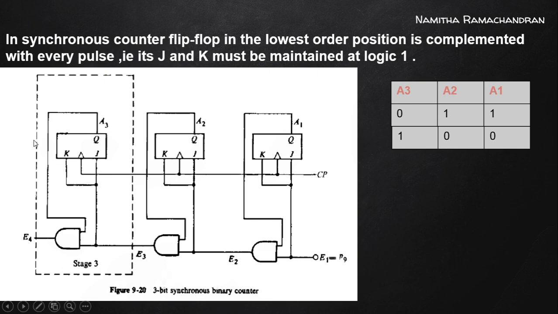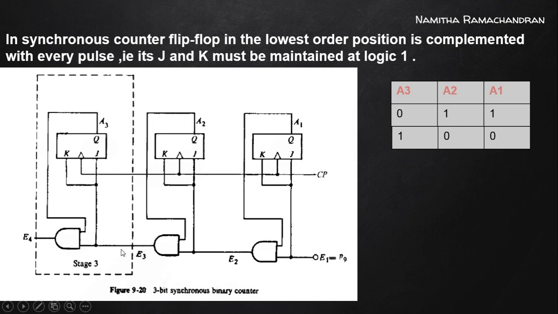Okay. And this next state A3. Suppose this current state of A3 is 0. Okay. Now we want to check whether in the next state this A3 holds 0 or 1. For deciding that, we need to check the present value of A2 and A1, which is obtained from this AND gate output.